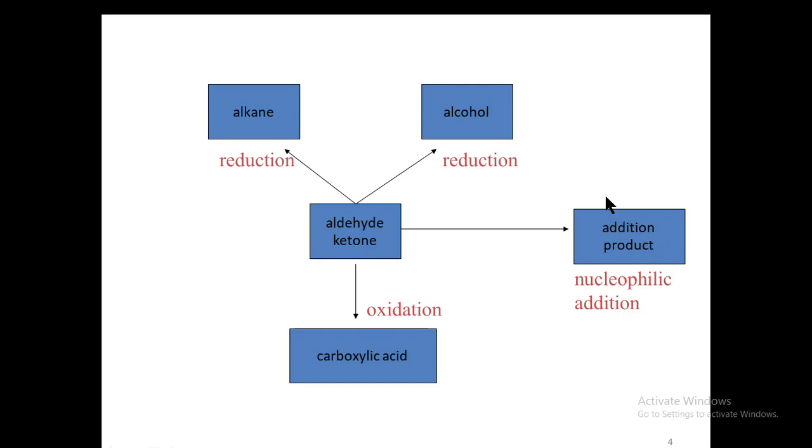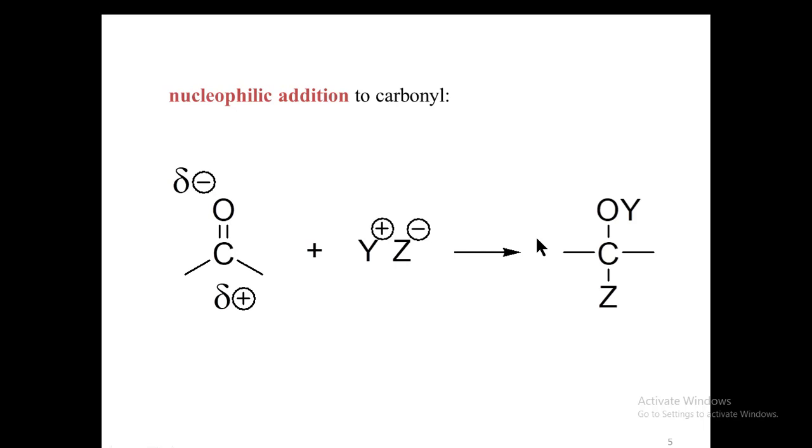So the three major types of reaction shown by aldehydes and ketones are reduction, oxidation, and nucleophilic addition. Reduction into alcohol, reduction into alkane, oxidation into carboxylic acid, while nucleophilic addition has various examples which will be discussed.